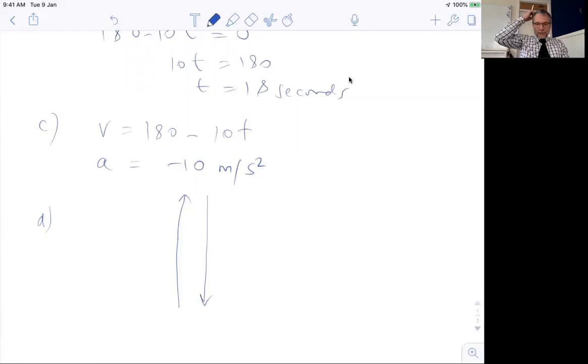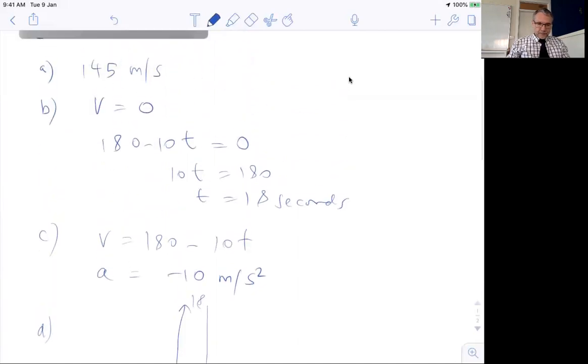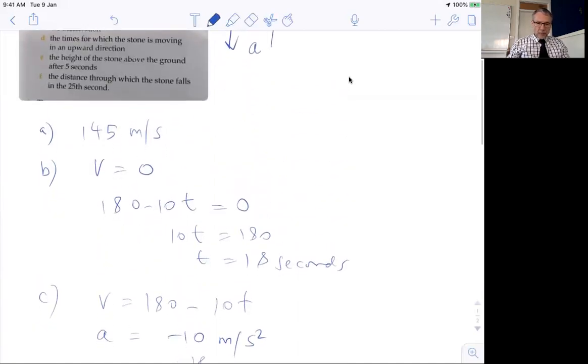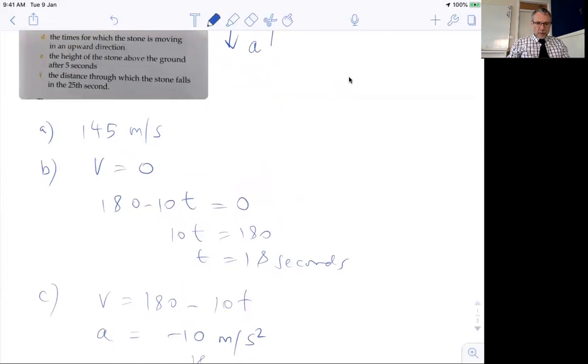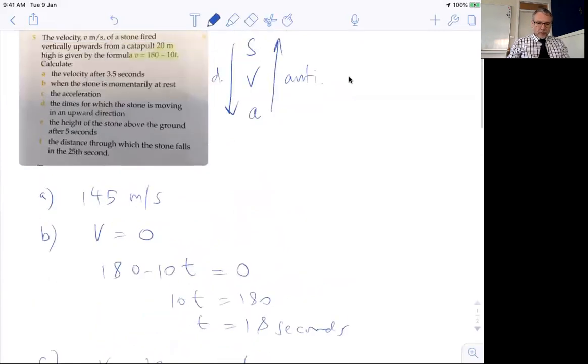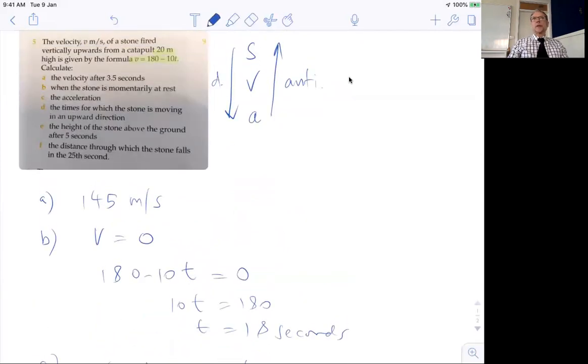We know that at 18 seconds, right up the top, it's momentarily at rest. So you would assume that it's moving in an upward direction as soon as it's released, up until the time it gets to where it's momentarily at rest at the top of its path.